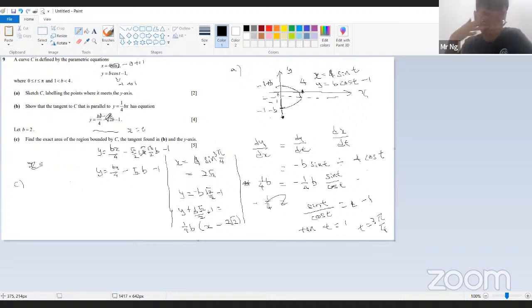I can't do it that way because of the t range. Why so hard? Why so hard? This one is 4. So this one is equal to minus 3. Minus 2, minus 3, check.